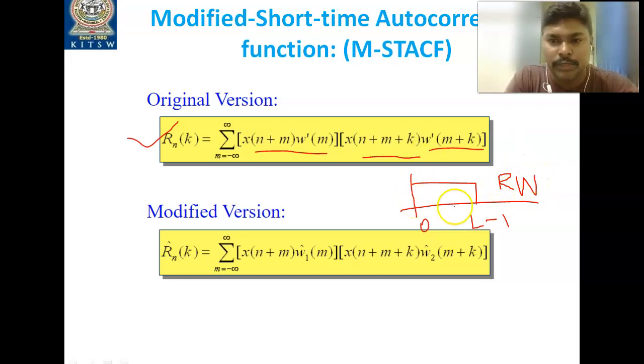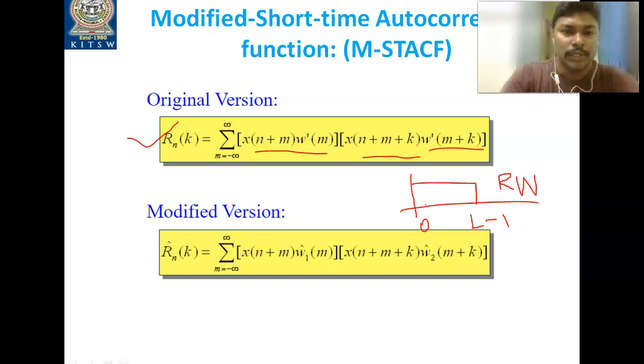For the speech signal, you apply this rectangular window, take as many samples as it can accommodate, divide the complete speech signal into slices of segments, and calculate the autocorrelation function. That we call the short-term autocorrelation function.